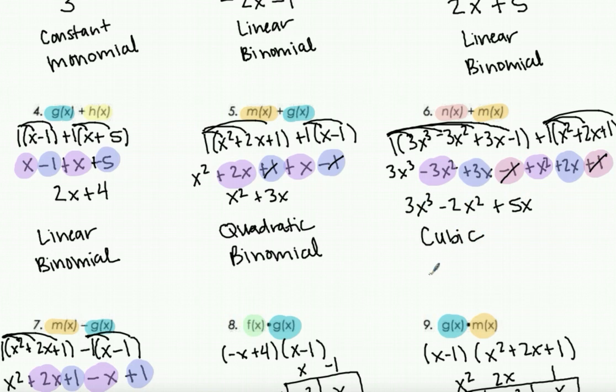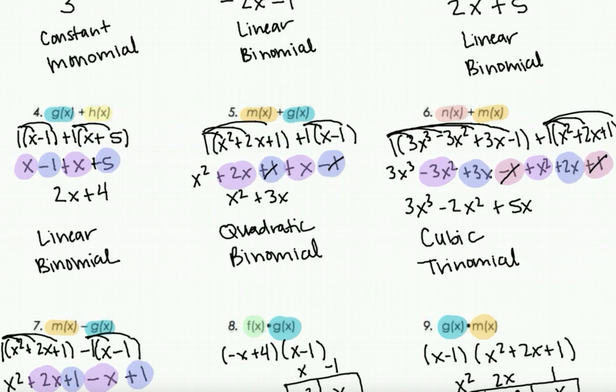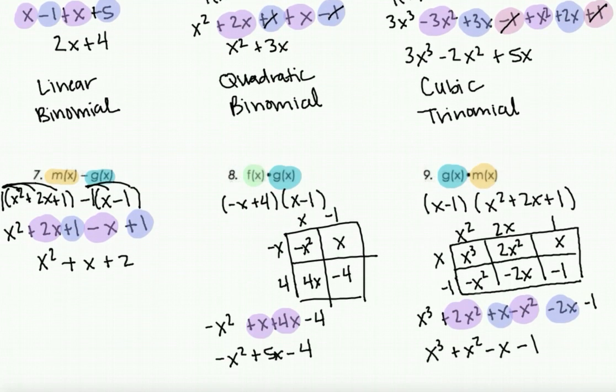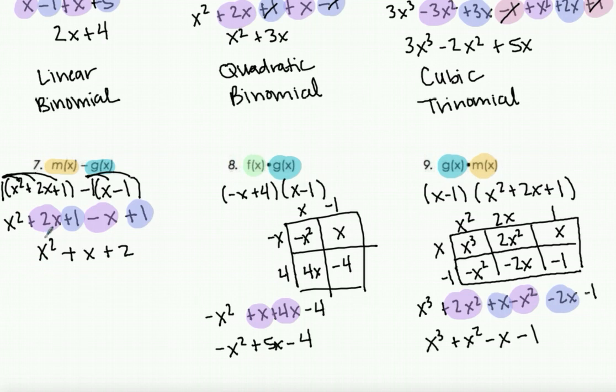I've got 3 terms, which makes it a trinomial. Number 7, my highest exponent is a 2, so that makes it a quadratic. 3 terms, which makes it a trinomial.